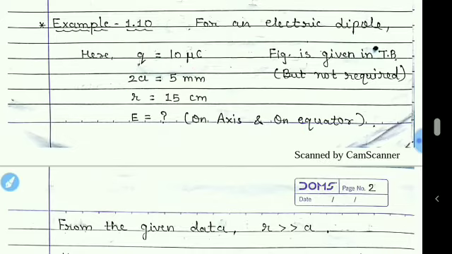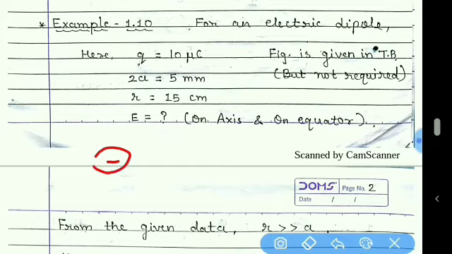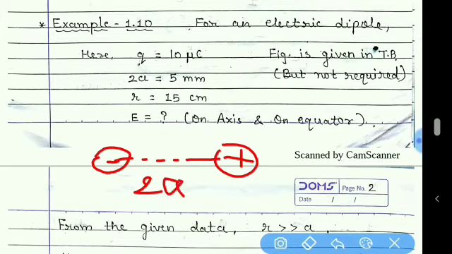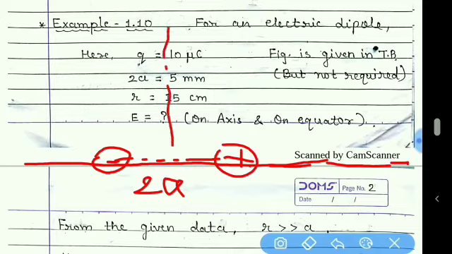And we know that for a dipole, if this is negative charge, this is positive charge, then this distance is 2a, and this is the axis of a dipole, and the line perpendicular to the axis is the equator.